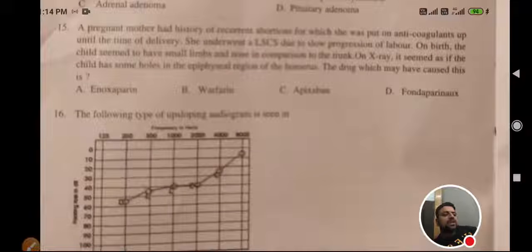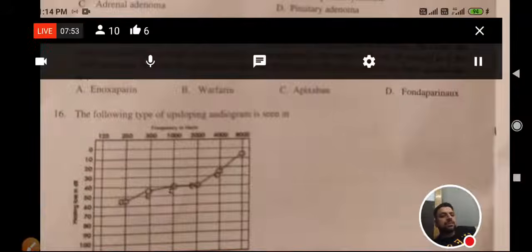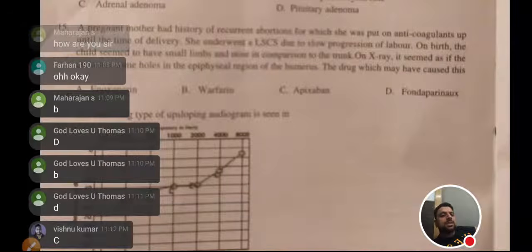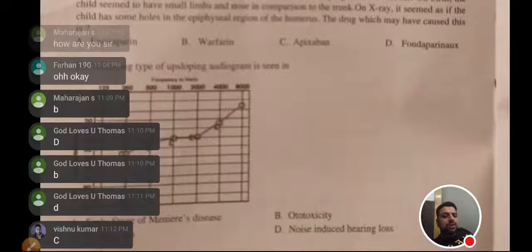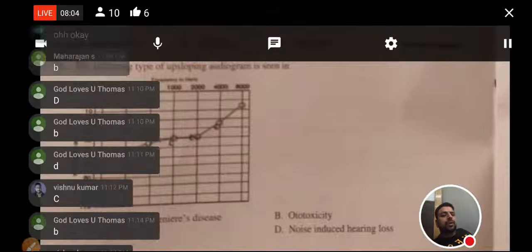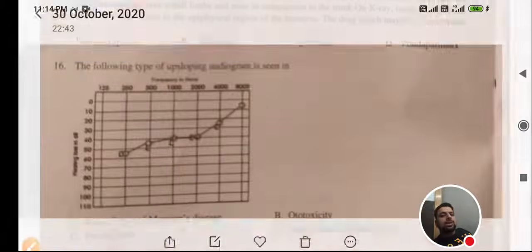On X-ray, the child had holes in the epiphyseal region of the humerus. The drug which may cause this is warfarin. This is a case of warfarin.